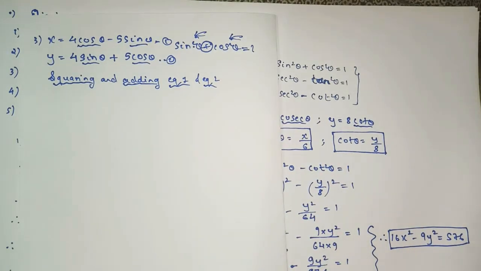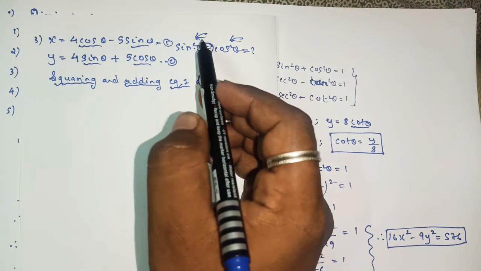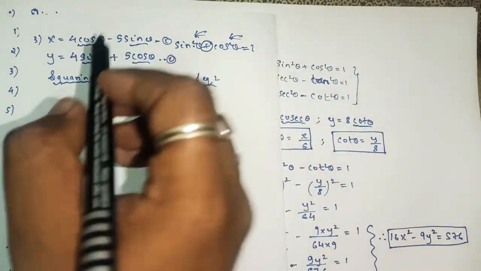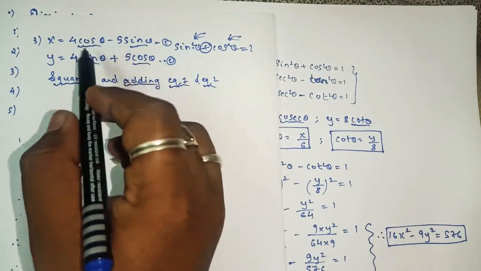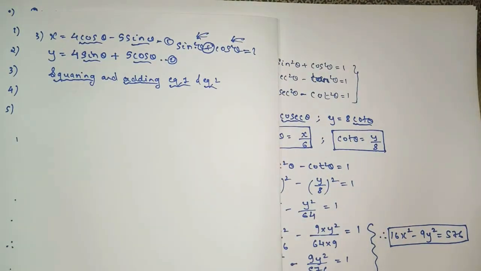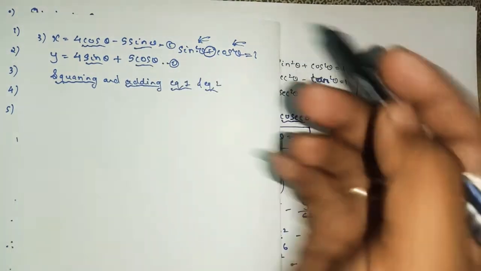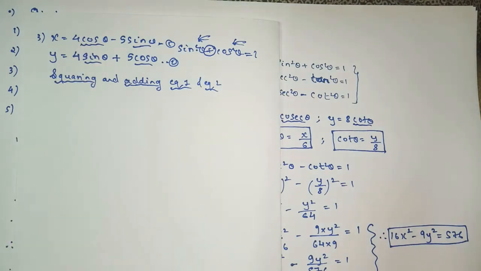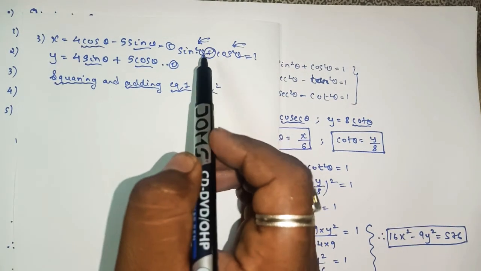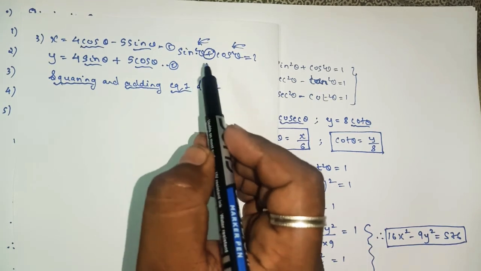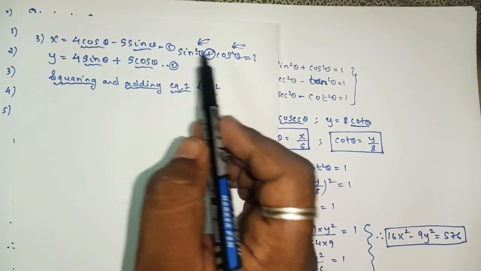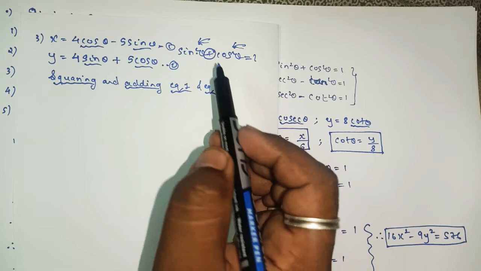So why so? From here you will get the hint, as we cannot find direct value for sine and cos here. As I told, there are different methods. The one method is what? Solve these two equations simultaneously to get the answer of sine and cos. Or else, as here clearly we can see that to eliminate theta we have one formula, that is sine square plus cos square equals to 1.